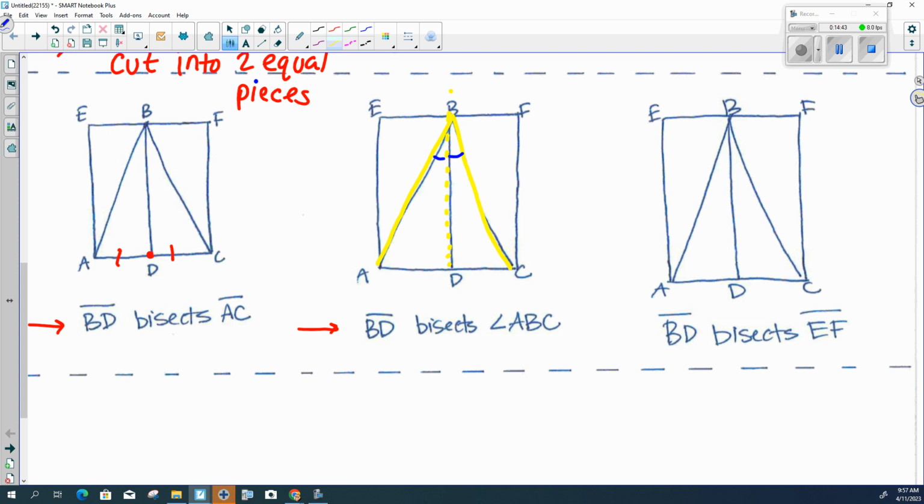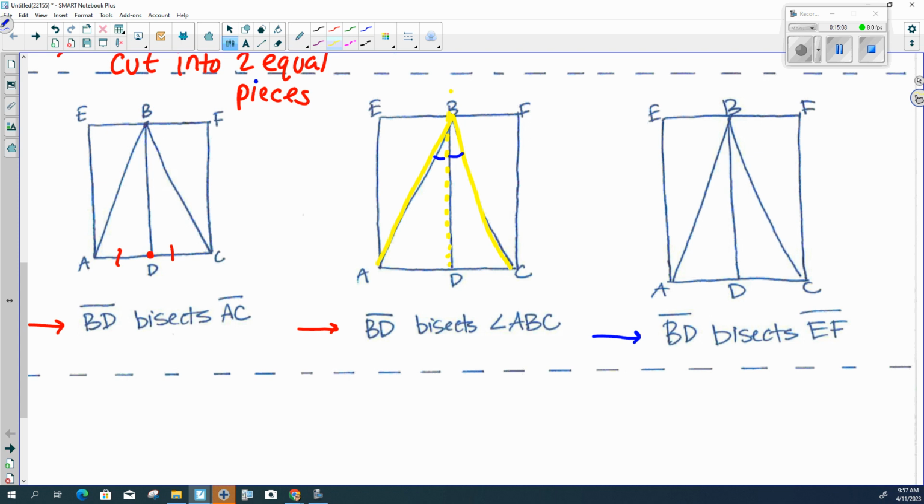Okay, Hayden, read the last one. Make your markings. Where do those lines go? What line is it dividing into two equal pieces? Elizabeth has given up. She loves angle bisectors.